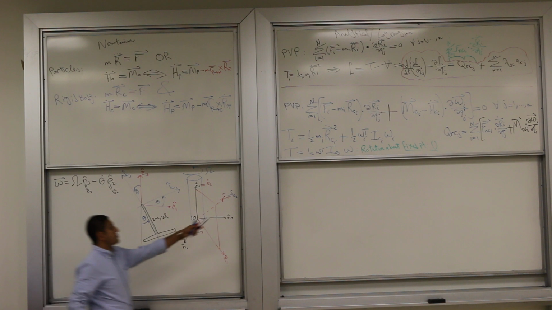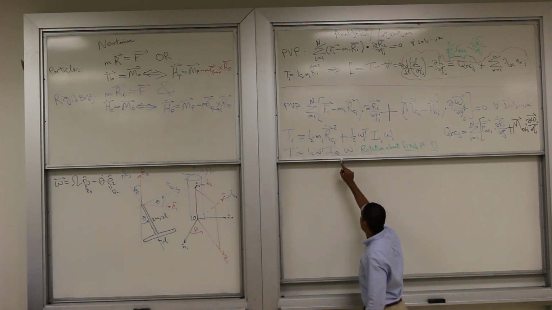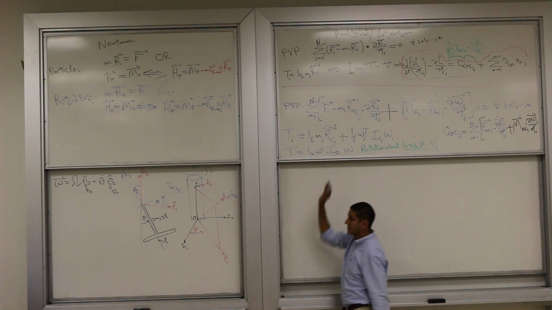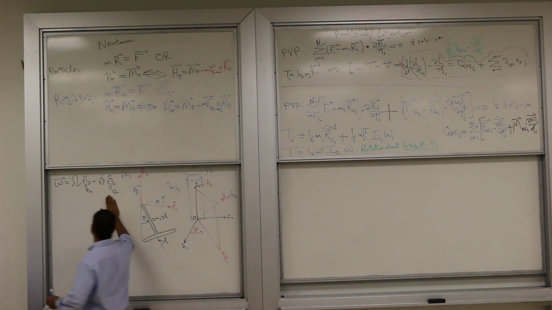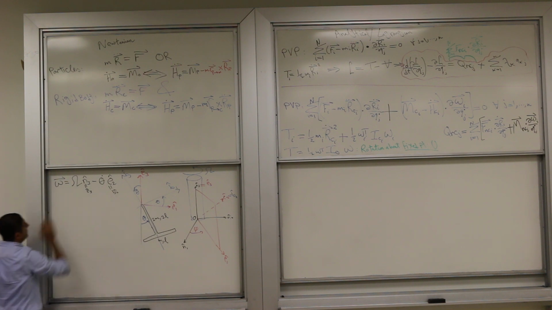Okay, either of these equations are based on the fact that I will be written in the body axis, because it's much easier to write it in the body axis, and accordingly omega has to be written in the body axis. So this term is already in the body axis, because it's B2, I have to write down this guy in the body axis.